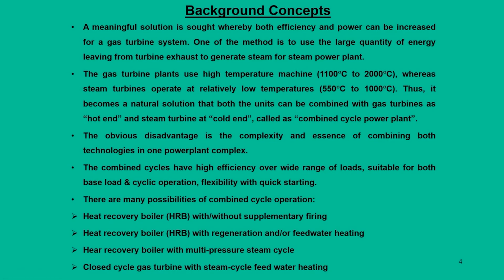This was the concept we understood for gas turbine cycles when they operate in their own individual mode. But in some situations, if you want to improve the efficiency or power of a gas turbine system, another possible way is to integrate it with another power generating unit. One thermodynamic method is to use the large quantity of energy that leaves the turbine exhaust to generate steam in a steam power plant.